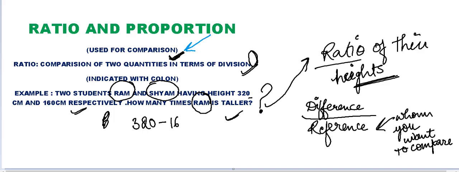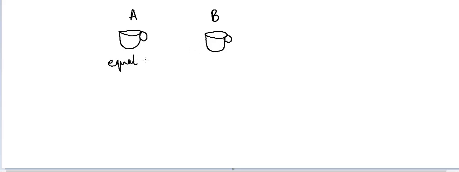Let the first cup be A. And we have B. We have equal quantity of coffee in both the cups.